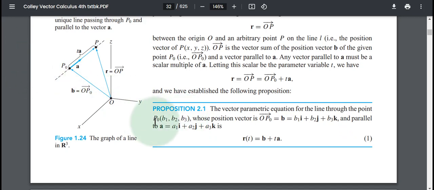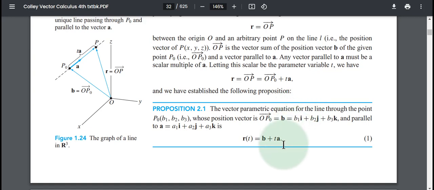And A has some coordinates also, which we can express either as A1, A2, A3, or we're allowed to express it this way. And the vector equation is B plus TA gives us R. Okay, so we accomplished our goal of writing a vector equation for a line.